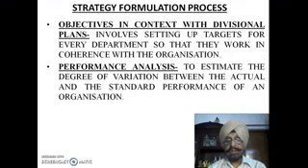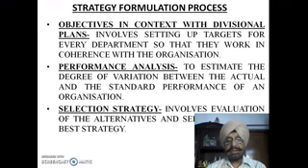Then next comes the performance analysis, as the name suggests, to estimate the degree of variation between the actual and the standard performance of an organization. So that is analysis of whether that particular thing is successful or not, and then selection of the strategy, that is, evaluation of the alternatives and selection of the best course of action.